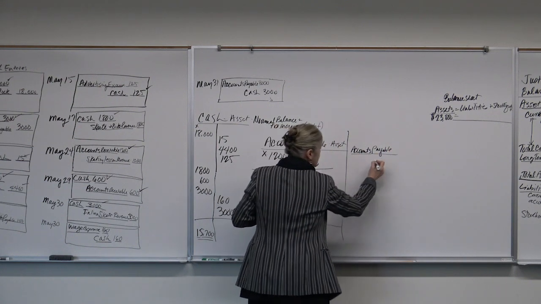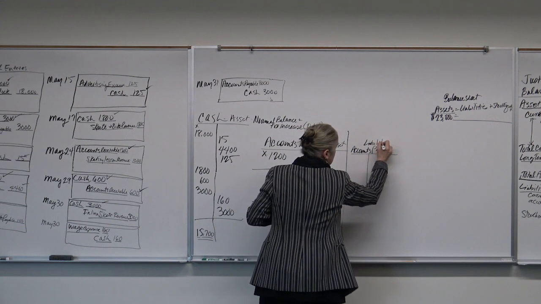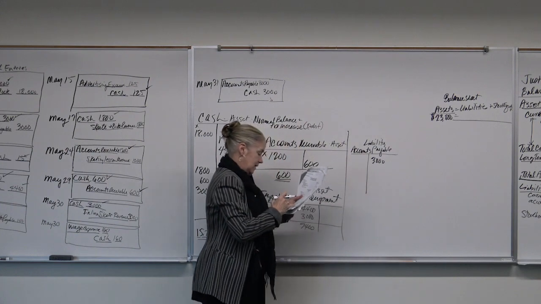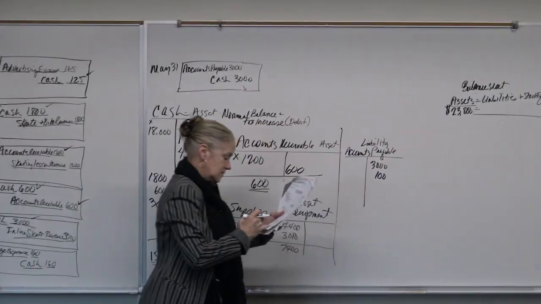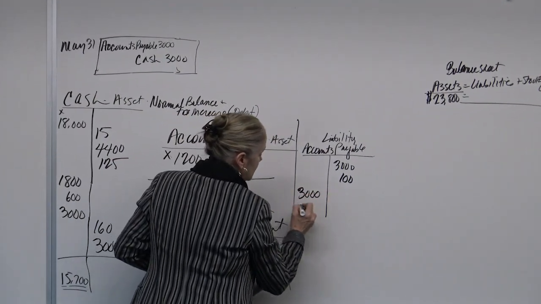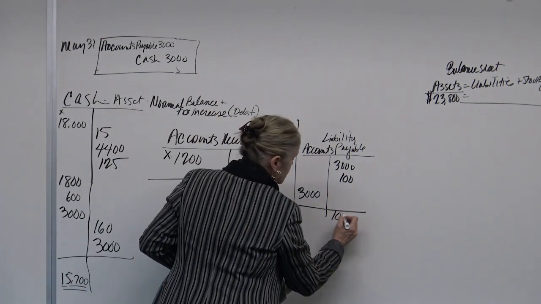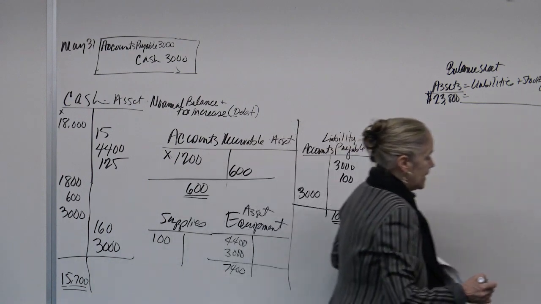This is a normal credit balance. This is a liability. We also have $100 from our supplies. We paid off $3,000. That's going to be a debit to accounts payable. And so therefore our ending balance is $100.